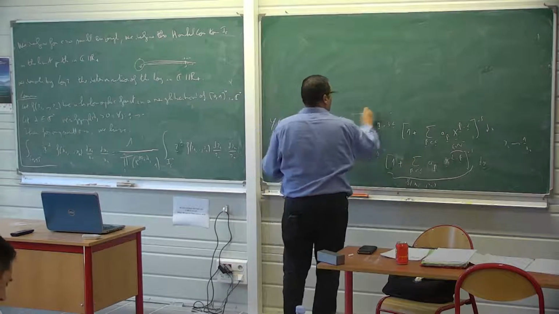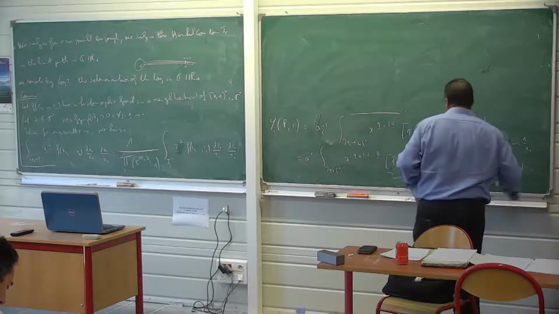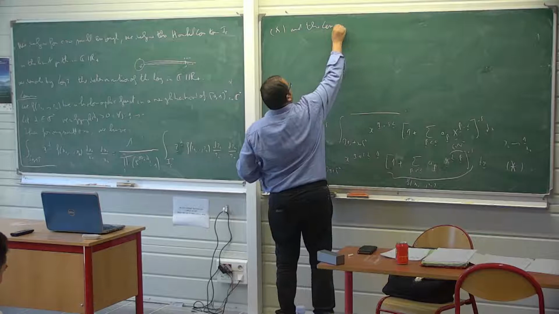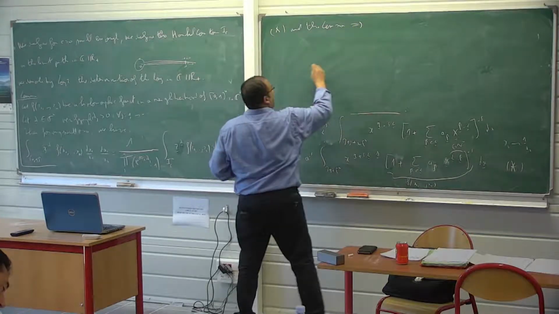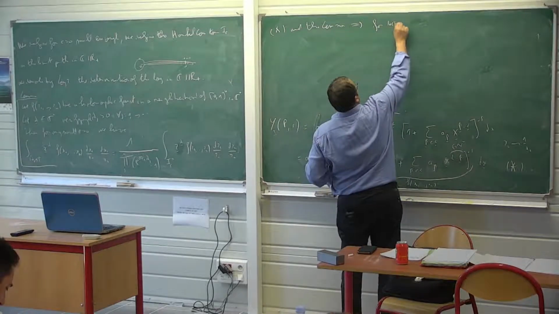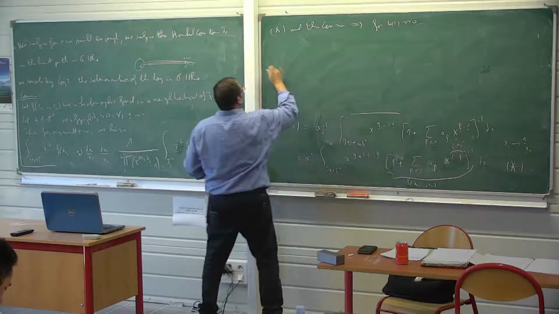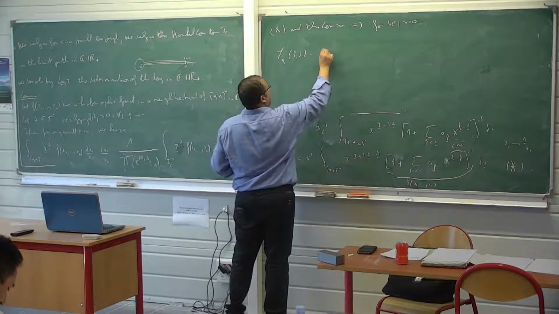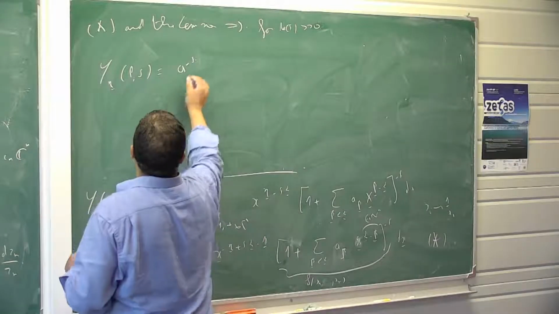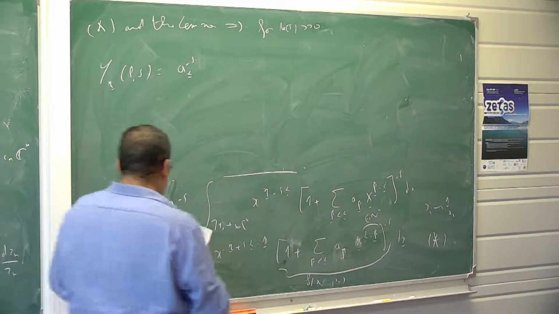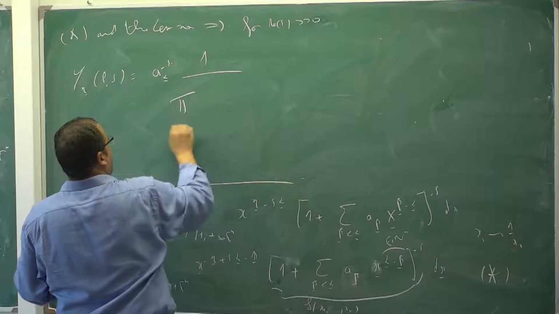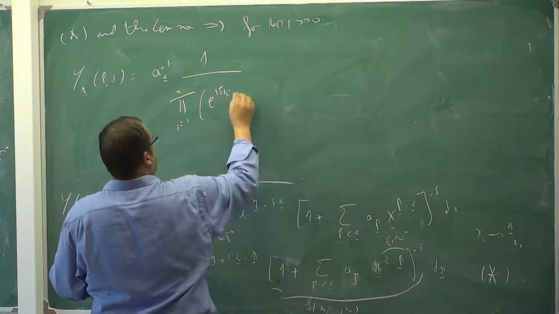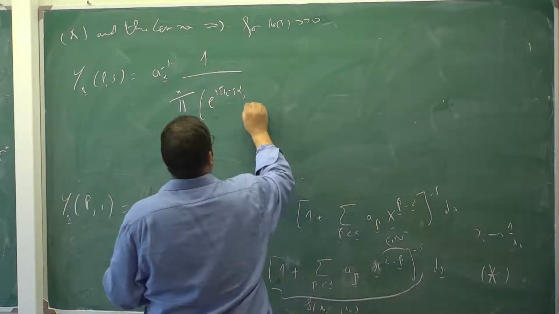By using this lemma, this formula star and the lemma imply that for real S big enough, we have the integral equal to E minus E alpha minus S, and we get 1 over the product from j equals 1 to n of exponential of 2 pi i S alpha j minus 1.